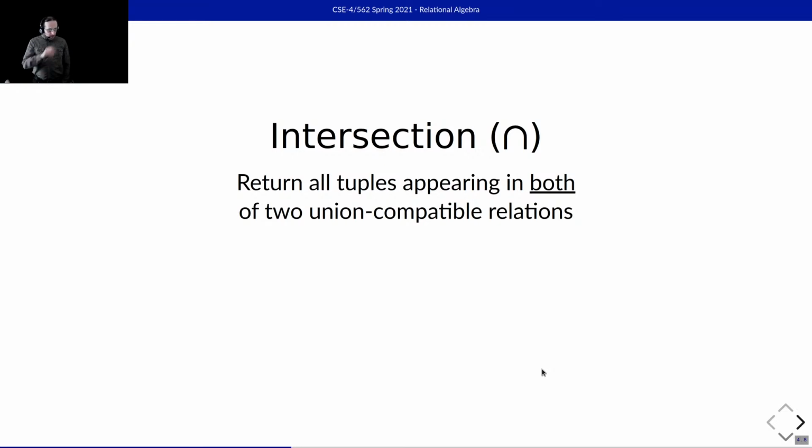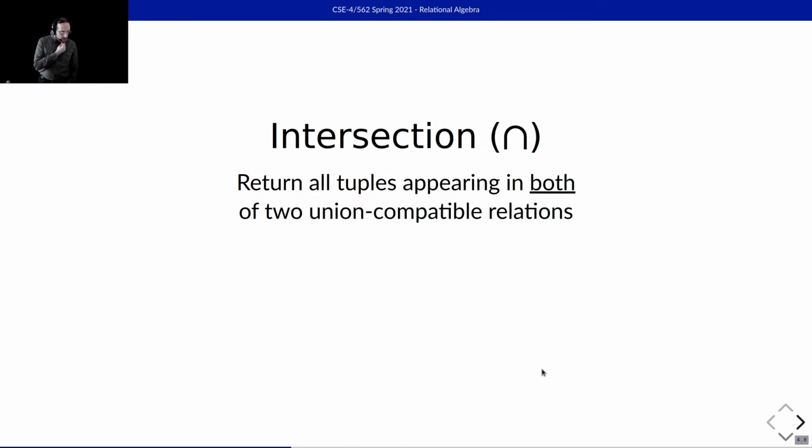Okay, so the next operator is intersection. So once again, I'm expecting both inputs to be union compatible. Yes, Johan, good. Exactly. I'm asking for all of the Brooklyn and Manhattan data.